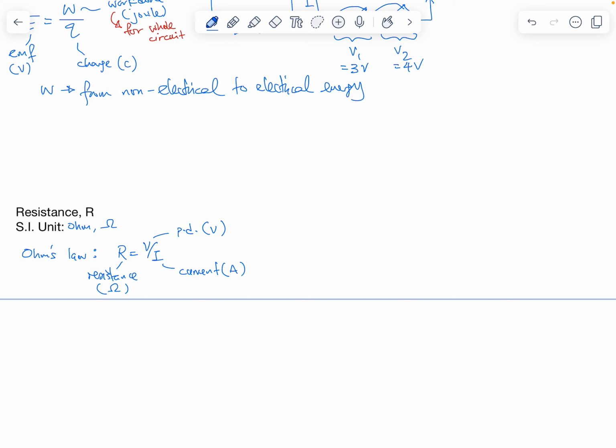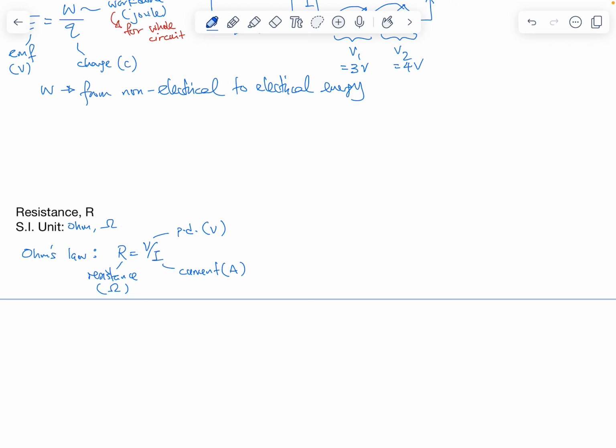So resistance is the ratio of the potential difference per unit current. It implies how much impedance, how much blockage, how much opposition is acting on flowing charge. So conductors like metals with free electrons offer less resistance than, say, rubber, an insulator, with a lot of resistance. It impedes the flow of charges.